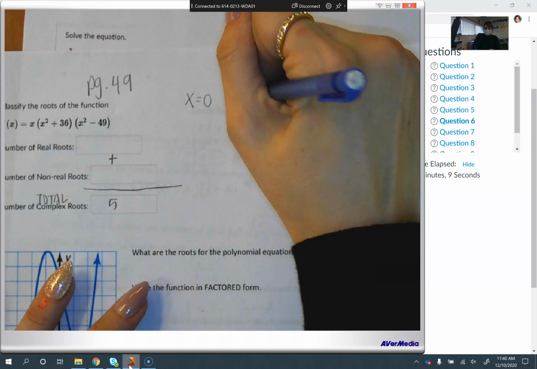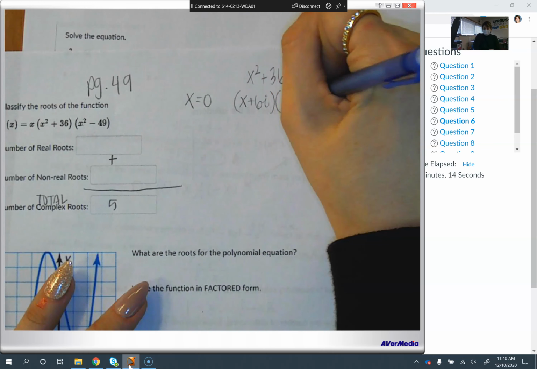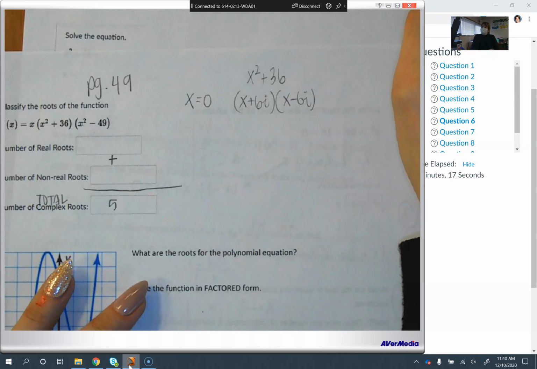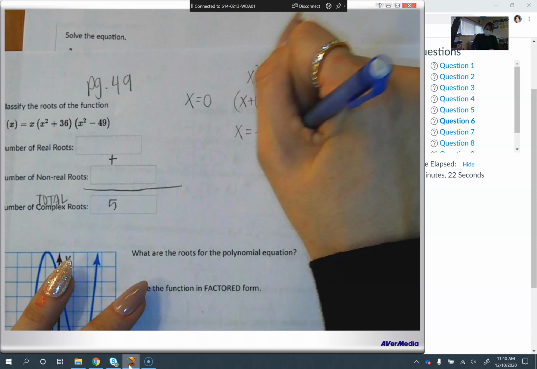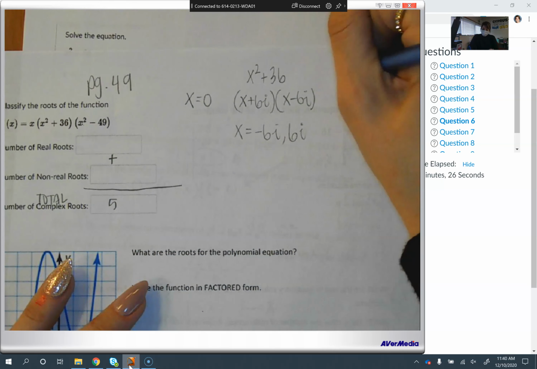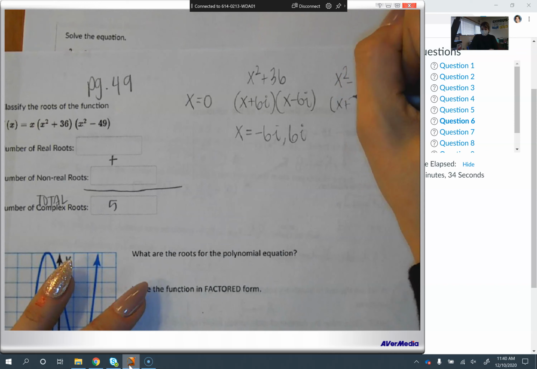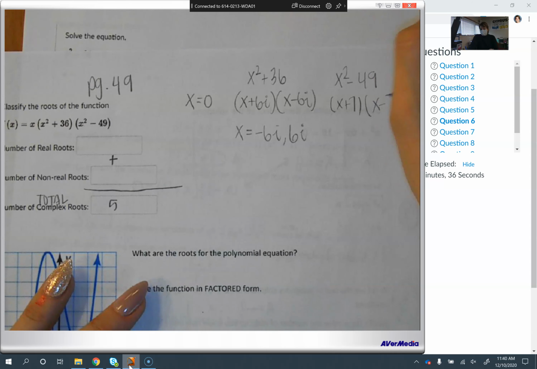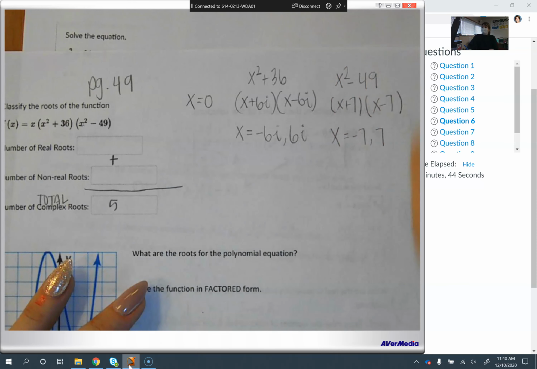So this is going to be x plus 6i, x minus 6i, which means that your roots are x is negative 6i and 6i. Then your last one is another special binomial that factors to x plus 7, x minus 7. So these roots are negative 7 and 7.